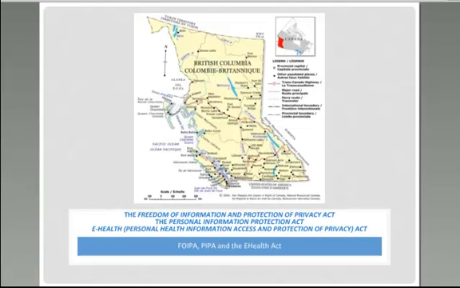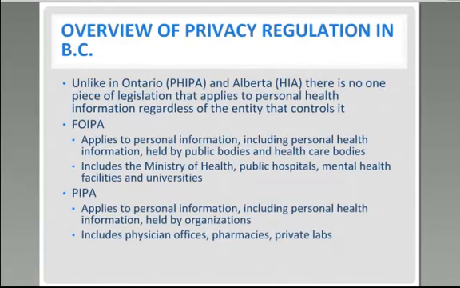And essentially, the model in BC is broken down and based on the source of the data that you want for your research project. So, for example, under FOIPPA, which those of you from BC know very well, the Freedom of Information and Protection of Privacy Act, this is the public sector privacy legislation in BC, and it applies to all information, not just health information, that's held by the defined public bodies and healthcare bodies.